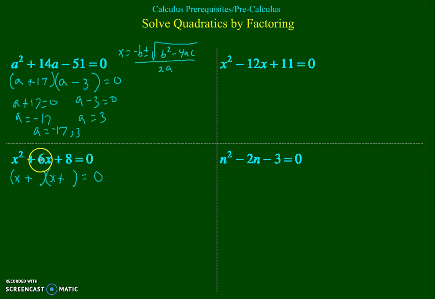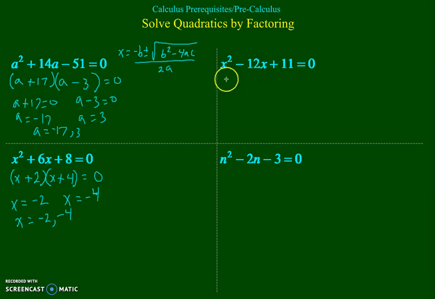And we need factors of 8 that add up to 6, so clearly that's 2 and 4. x squared plus 4x plus 2x gives us our 6x, plus 8. Again, using our zero product rule, x plus 2 equals 0, therefore x is going to be negative 2. x plus 4 equals 0, so x is going to equal negative 4. So x equals negative 2, negative 4.